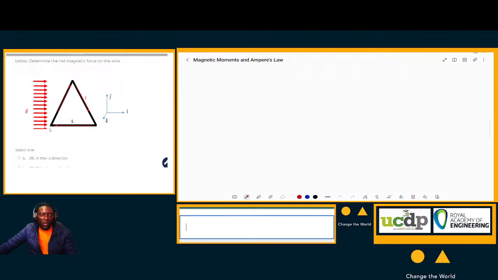In this case, the first diagonal line through the triangle, the one to the left, will interact with the magnetic field, and the angle between the field and that line will be given by 90 minus 60.